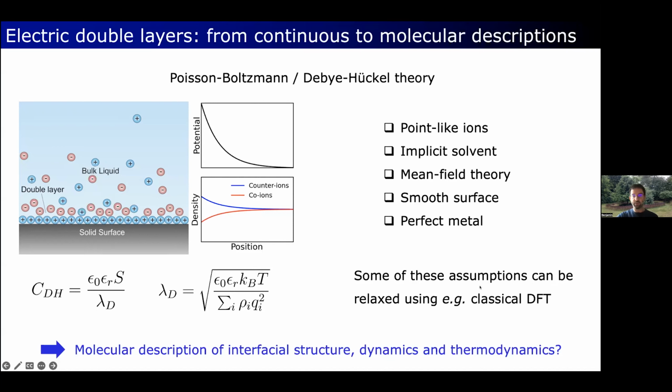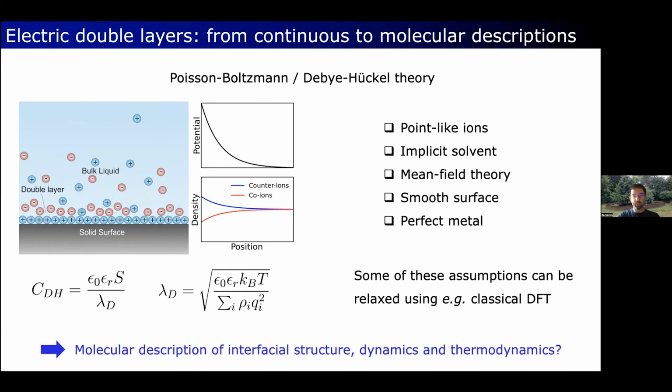Now, some of these assumptions that I've just mentioned can be relaxed using, for example, classical density functional theory. There are many things that can be captured at a continuous level or using classical DFT, especially the finite volume of the ions and correlations beyond the mean-field theory.